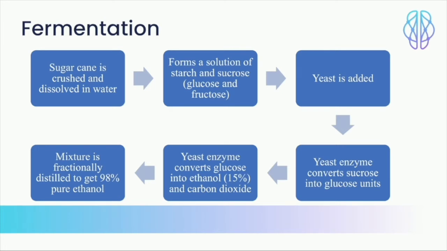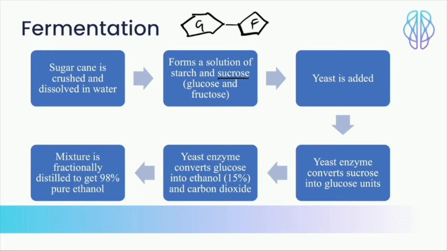This sugarcane juice is rich in two things: starch and sucrose, and the sucrose is what is significant. What you need to know is that sucrose is made up of two things: glucose, which I'm going to draw with the hexagon, and fructose. So it's basically a dimer of glucose and fructose.